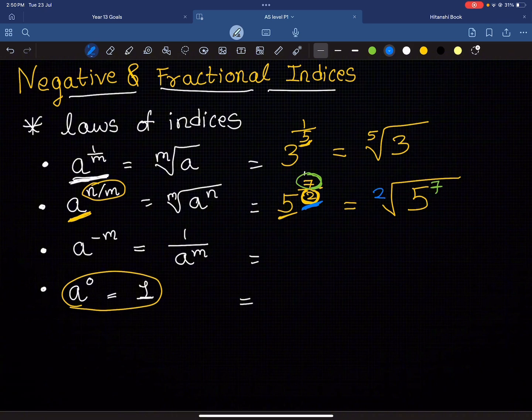You can also see that in the above example. Whatever I have in the denominator goes outside the root. Whatever is there in the numerator will always come inside the root. Okay? You can also get a better idea when I show you some example questions, and that's when things will get a bit better.